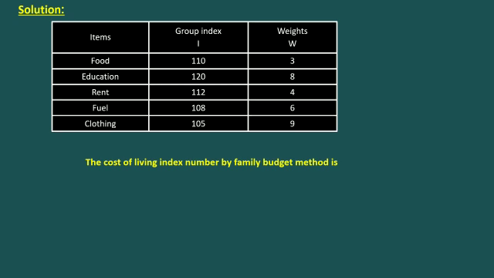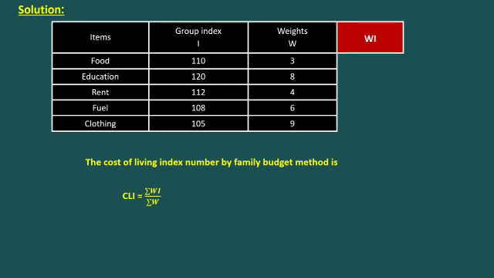So the formula for computing cost of living index number by family budget method is CLI is equal to summation WI divided by summation W. So we see in the numerator we have summation WI. In order to get the value of summation WI, first let us compute WI for each of the items.